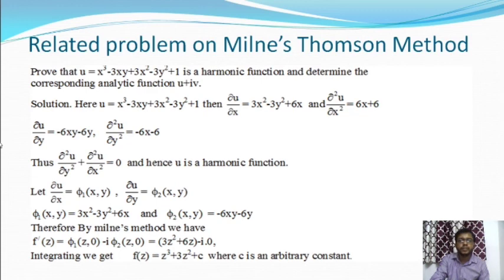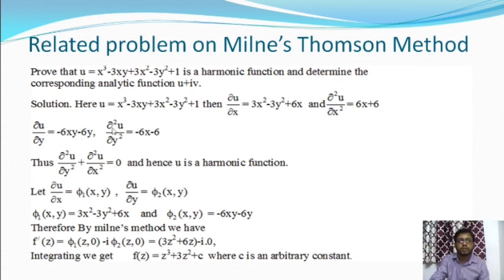And similarly we are going to find the derivative of the function u with respect to y. So first of all we find del u del y. So del u del y is equal to minus 3x minus 6y, where x is a constant term. Okay, so this is the partial derivative.